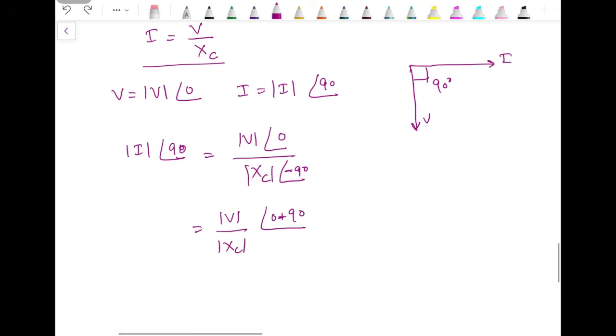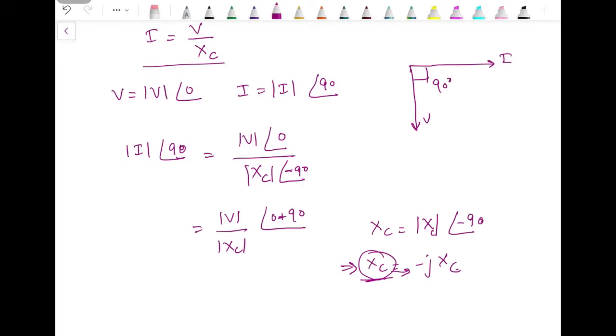So what we say is that XC is actually its magnitude and angle minus 90. Instead of writing XC only, we write it as minus JXC.